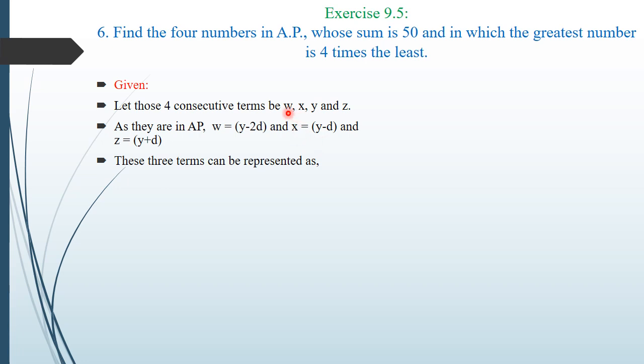Therefore if I want to find the term previous to x, that is the w term, I need to subtract d from the x term, and my x term is nothing but y minus d. Therefore if I subtract d from y minus d, I'll get the w term, that is y minus 2d. Hope you understood how we got w equal to y minus 2d. Now these four terms can be represented as y minus 2d, y minus d, y and y plus d.